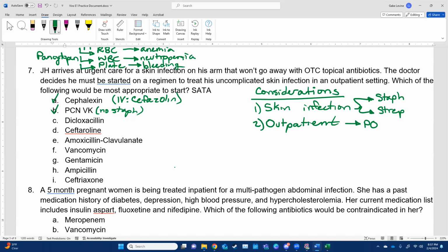All right. Dicloxacillin. Can we give dicloxacillin? Yeah, 100%. What are the IV versions of dicloxacillin?